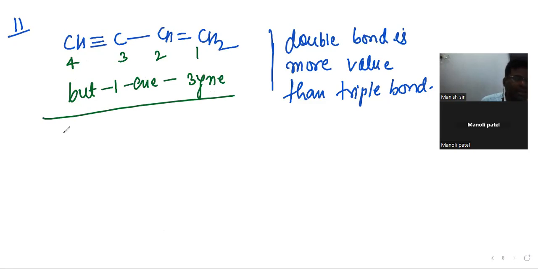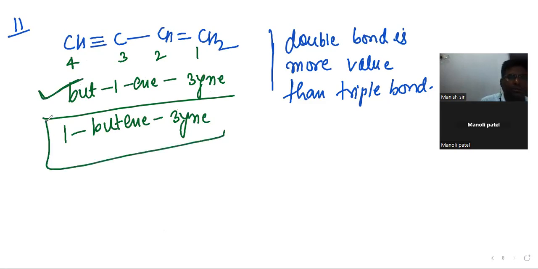Or it can be written like this also: 1-buten-3-yne. You will find it more in this form. So please write it down.